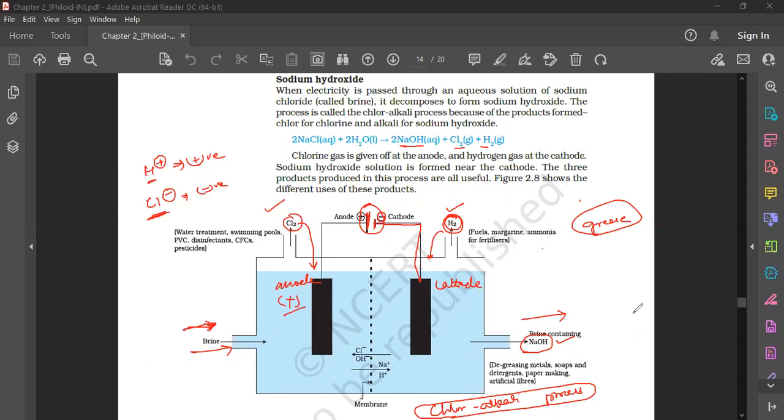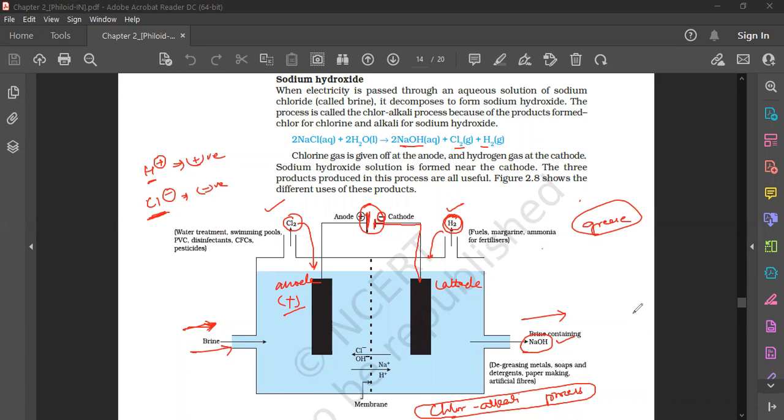It is used in the preparation of soaps and detergents. It is used in the paper making industry and the preparation of artificial fibers. These are the uses of NaOH. Can I write it there in the notepad or is it enough? Write in the notepad.